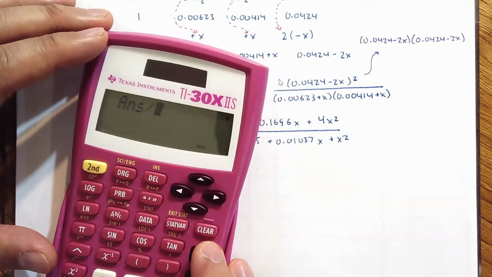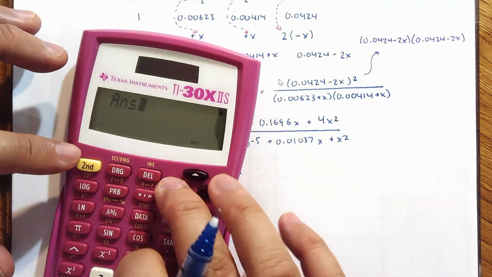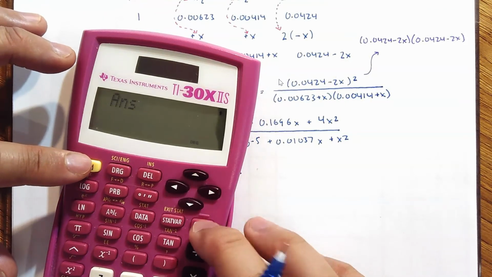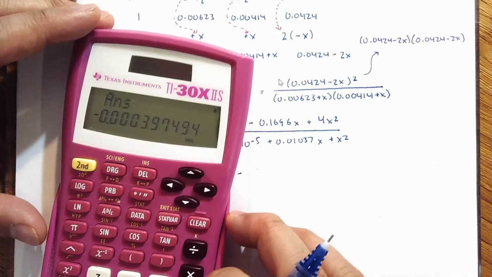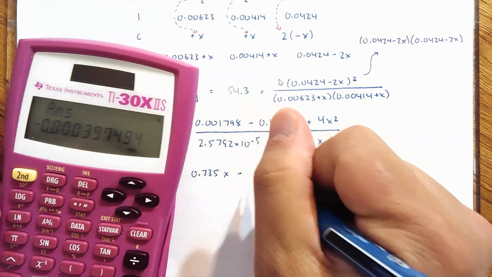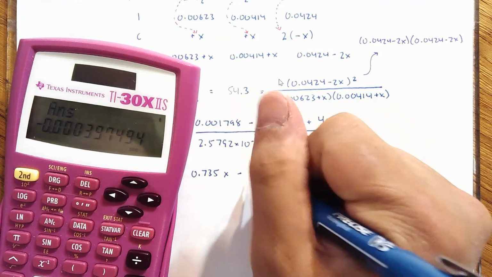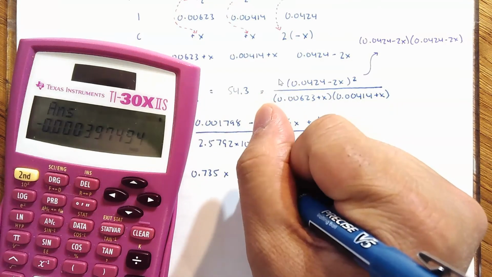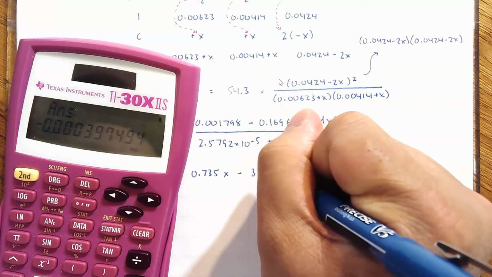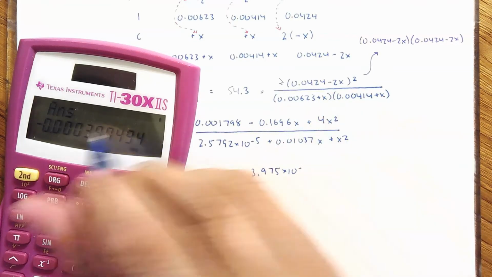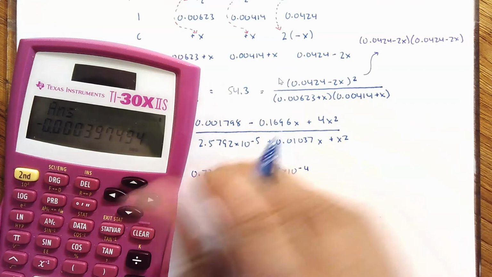It's a negative. Oh man. That's it. So it's negative, we'll just call it 3.975 times 10 to the minus 4.